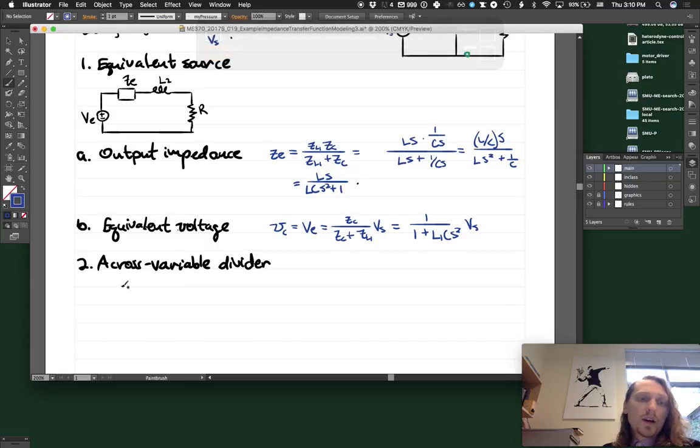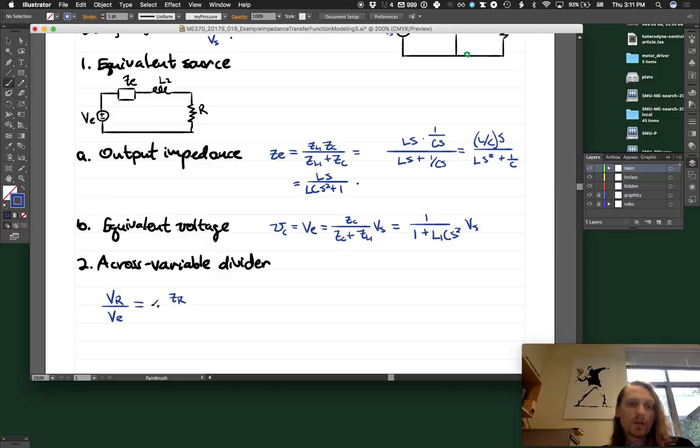So the across variable divider says that VR divided by VE is equal to the impedance of R divided by the impedance of R plus the impedance of L2, ZL2, plus ZE. Okay, and let's go ahead and plug that in.